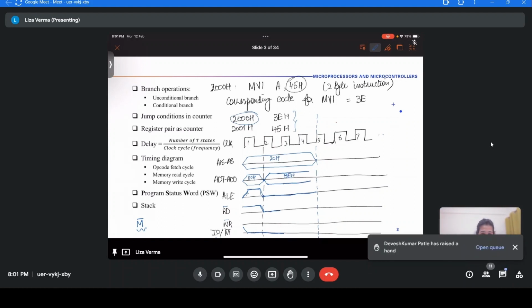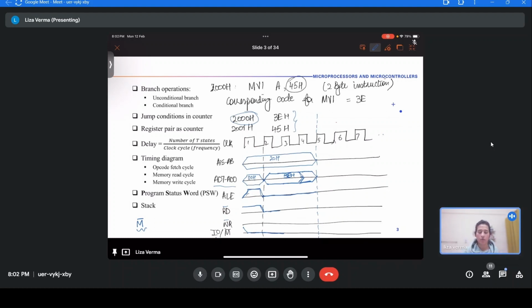Just a minute, once I complete this, you can ask the question. So 3 is loaded onto this bus. You can draw it up until here, or until T4, because during this T4 cycle the opcode is being decoded. It doesn't matter, because there's no other operation being done on these lines.